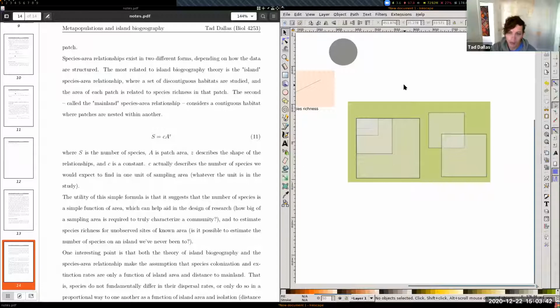Either way, I think both would be considered mainland species area relationships. And the same power law scaling applies between species number and the area of a sampled area, either island area or sampled area in a contiguous habitat.